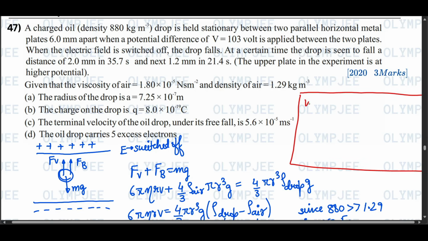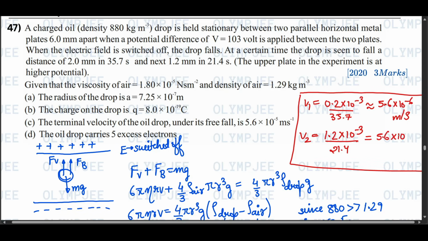So it will give us the velocity as 5.6 multiplied by 10 raised to power minus 6 meter per second, and from the second information, 1.2 millimeter in this much second, this will come out as 5.6 multiplied by 10 raised to power minus 5 meter per second.